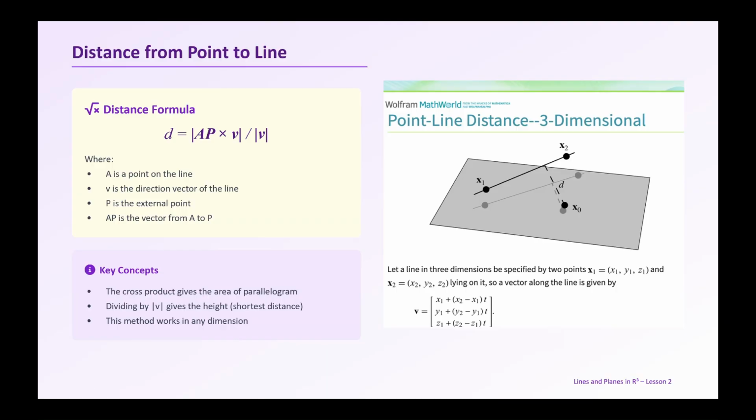So for the distance from a point to a line, we use the cross product. If the line passes through point A and has direction vector v, and P is the point outside the line, we form the vector AP, then we compute the magnitude of AP cross v and divide that by the magnitude of v.